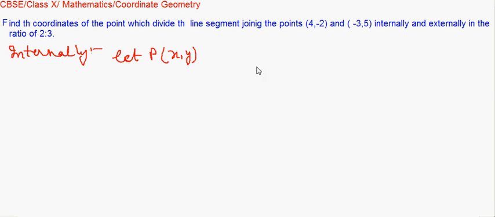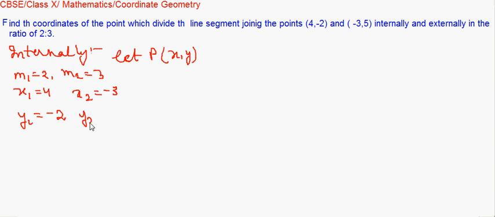So for the formula, we'll write M1 to be 2, M2 to be 3, X1 to be 4, X2 to be minus 3, Y1 to be minus 2, and Y2 to be 5.